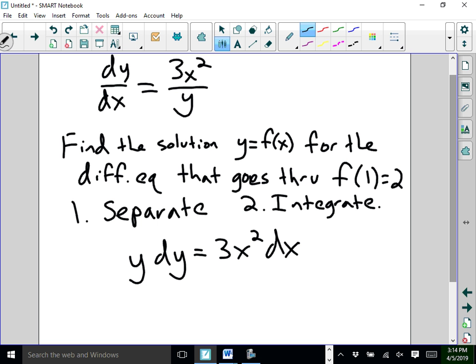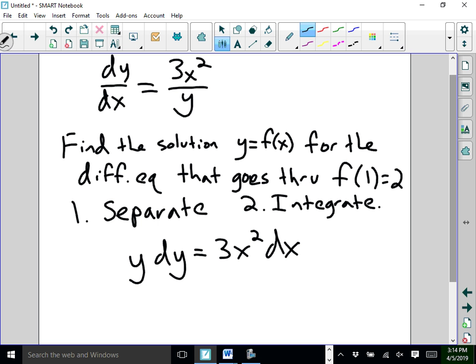Now in actuality, a constant comes out of both of them, right? We don't know what those constants are. We're going to figure them out based on the point given, okay? But instead of having 2 different constants, I can just subtract one constant over to the right side and get a new constant. So really there are 2 constants, but we're just moving them all to the right side. Okay, when we do our integrals here, we don't have to worry about anything other than just making sure y stays y and x stays x.